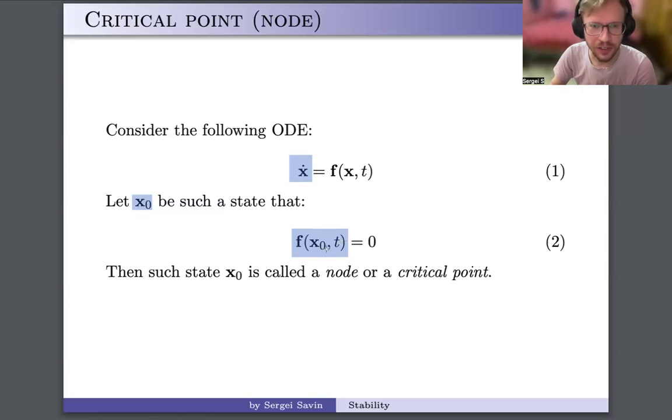We care about the x0. So x0 is a node as long as if we landed there, we're going to stay there. f of x0, t is equal to 0. That is the idea. So x0 will be called a node or a critical point.